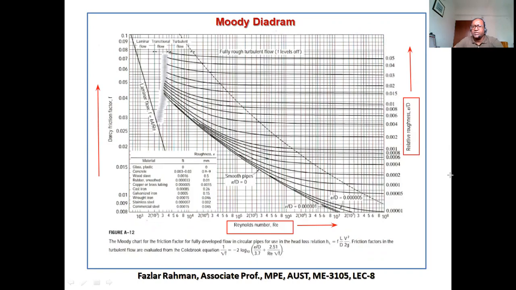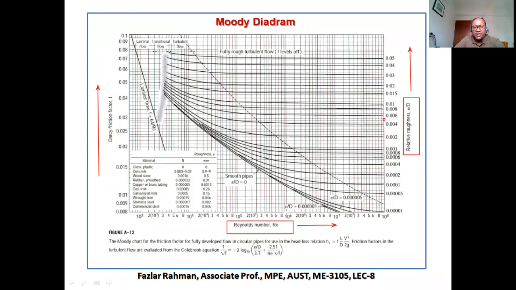Say for a particular situation, you got epsilon by D of 0.5. So 0.5 means your point is over here. Then you figure out the Reynolds number. You see how the Reynolds number works on this logarithmic scale: this one is 10 to the power 5, this one 2 into 10 to the power 5, then 3 into 10 to the power 5, 4 into 10 to the power 5.